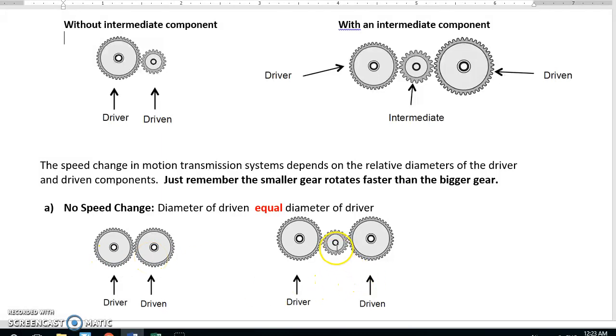Even when there is an intermediate gear, the overall speed of driver and driven is equal. The intermediate gear is not taken into account. Just remember, in general, the smaller gear always rotates faster than the bigger gear.